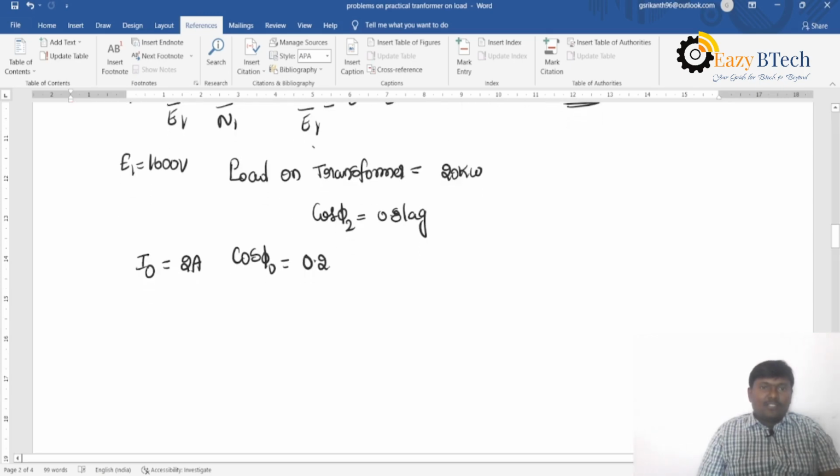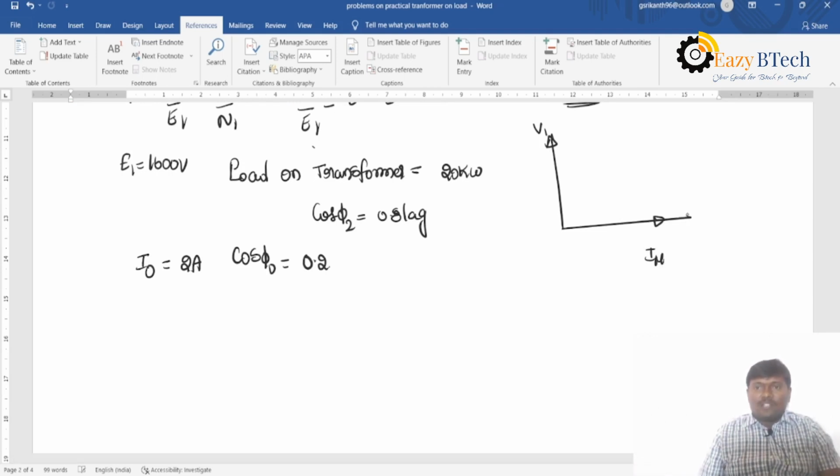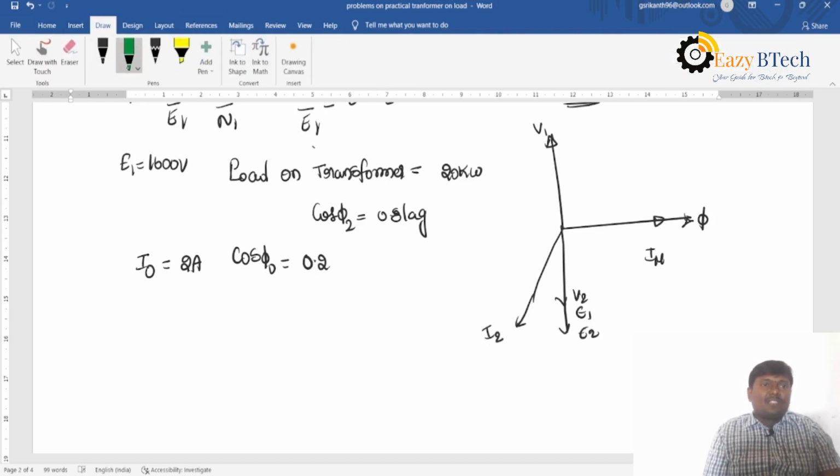So if you draw the phasor diagram, V1, and this is the magnetizing component of current, and flux E1 and E2. So this is V2 is in phase by neglecting the small angle. The angle between V2 and I2 is called the power factor angle. I have a reflection coefficient is I2 dash.